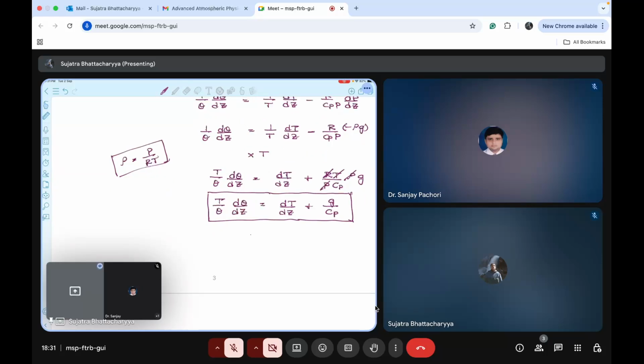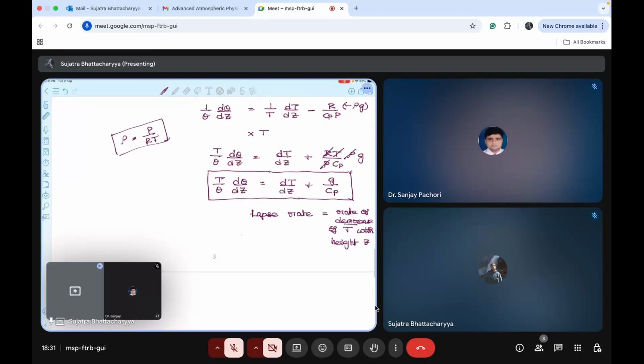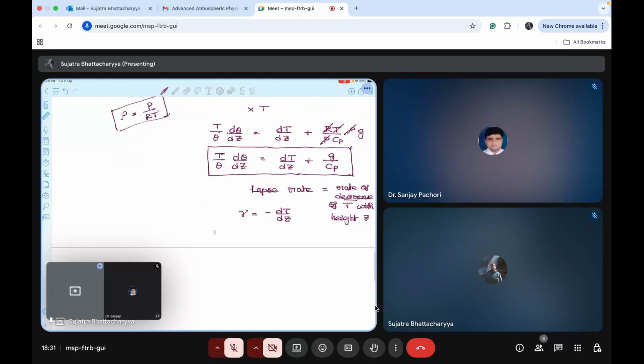Okay. Now we define lapse rate. Lapse rate is equal to the rate of decrease of temperature with height. Rate of decrease, remember. So gamma is minus dT dz. And this term g by Cp is nothing but gamma d, g by Cp. This is the dry adiabatic lapse rate.